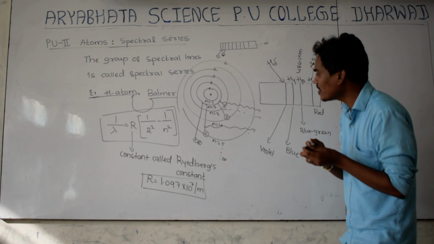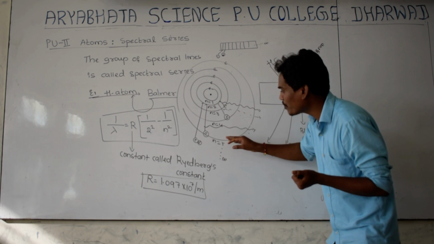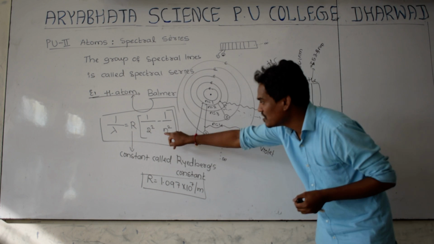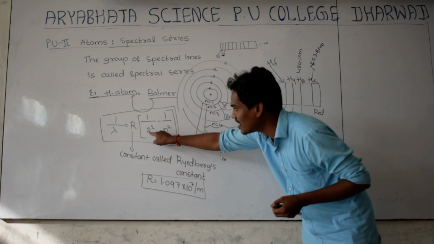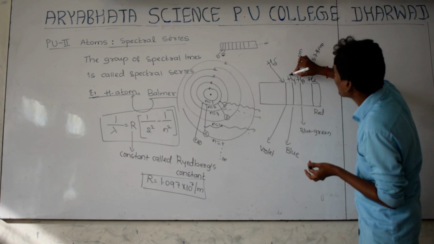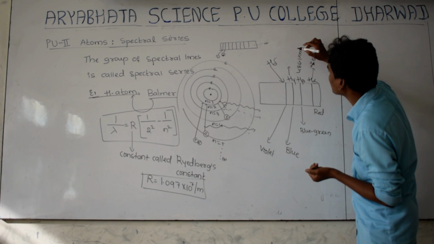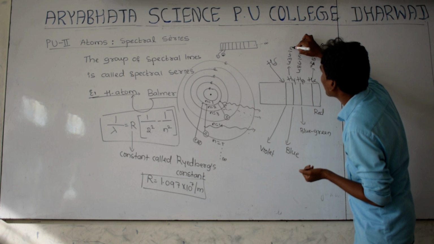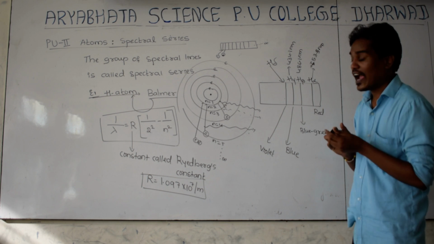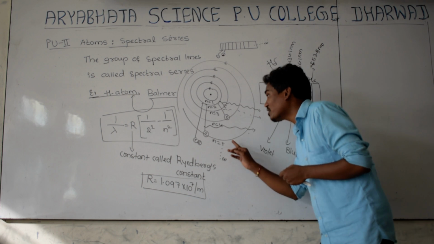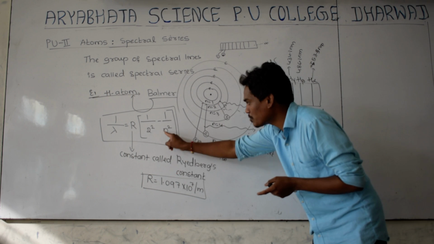Next, whenever the electron is jumping from the fifth energy level to the second energy level, substitute the values and calculate lambda. He gets the wavelength of this blue light: 434.1 nanometer. And whenever the electron is jumping from the sixth energy level to the second energy level, substitute 6 here.